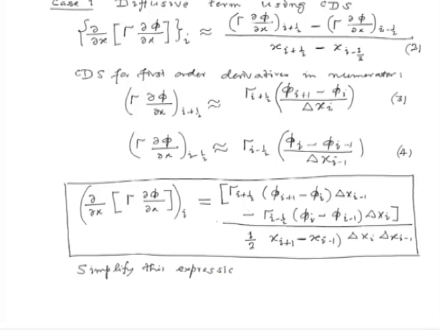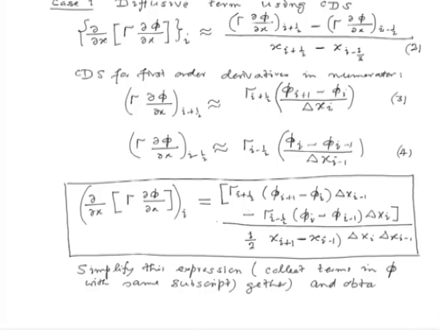All that you need to do is collect terms in phi with the same subscript together and obtain expressions for AP D, AW D and AE D. So, this I would leave as an exercise for you. It is a fairly simple exercise.